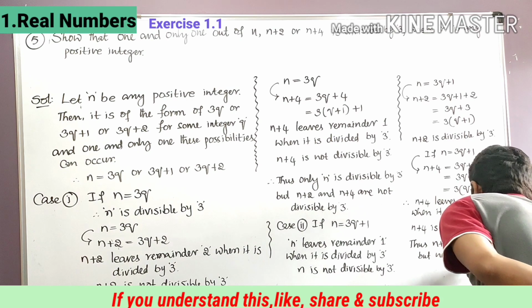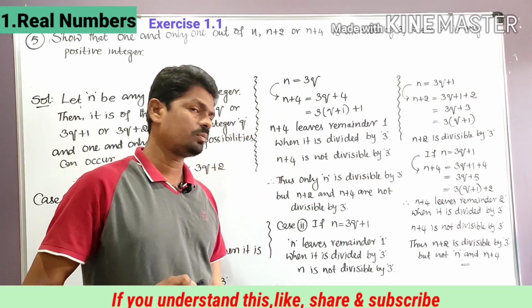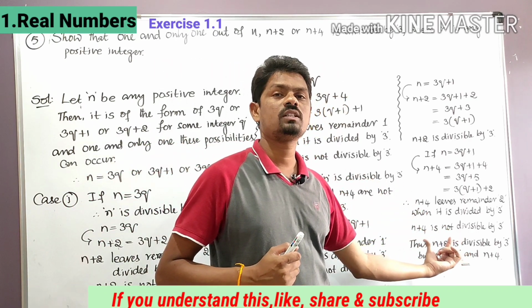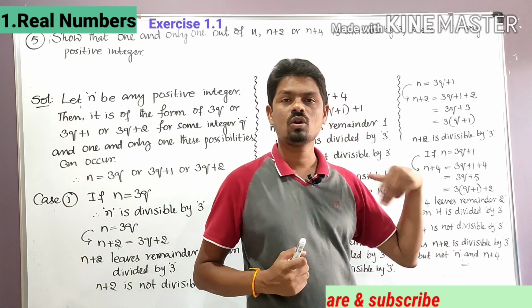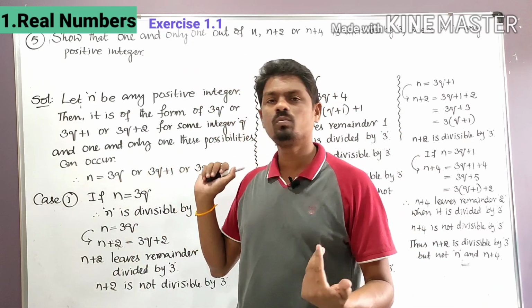So student, in the first case only n is divisible by 3 but not n plus 2 and n plus 4. But in the second case only n plus 2 is divisible by 3 but not n and n plus 4. Again we have to check the third case, student, by taking n is equal to 3q plus 2.